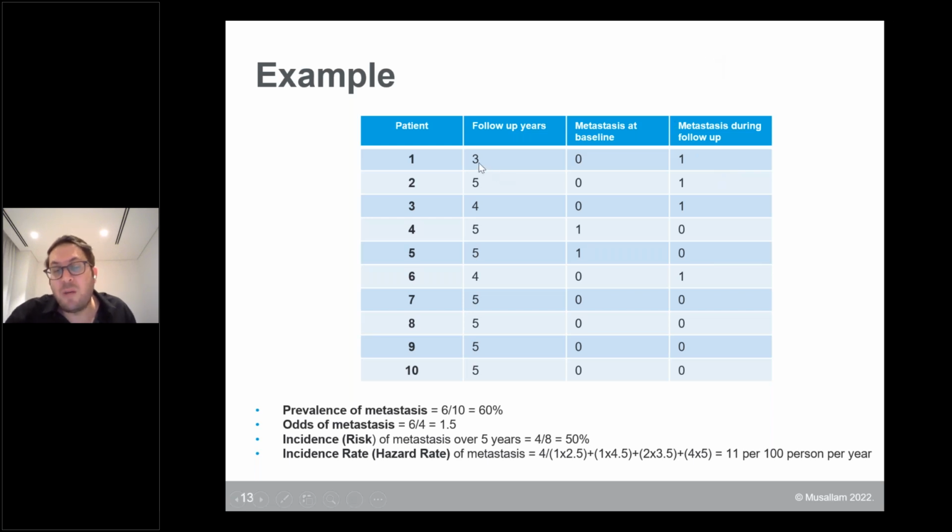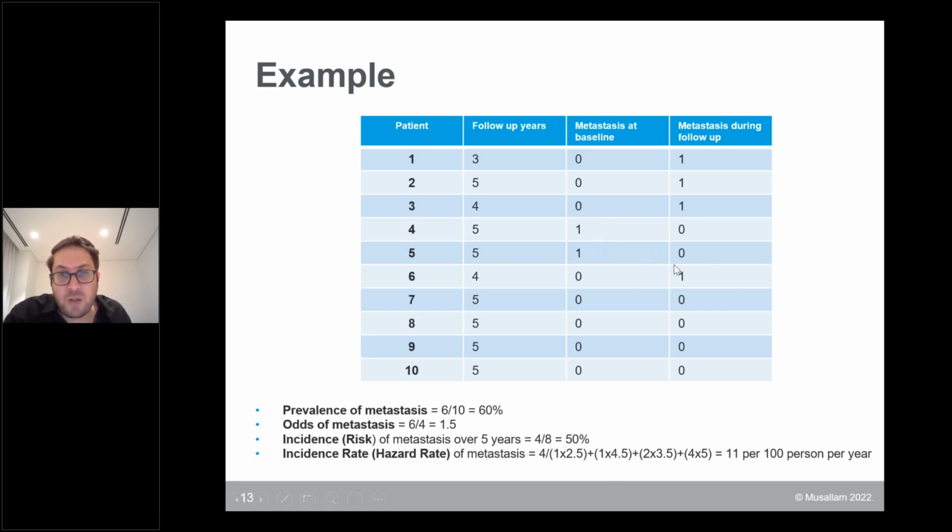But we don't know if this happened at the beginning of the 3rd year or at the end of it. We consider it happened at the center of it. So we say this patient was followed until the outcome, 2.5. The second one, for example, was followed for 5 years. So 1 times 4.5. So we consider they were followed for 4.5 years until the metastasis occurred.